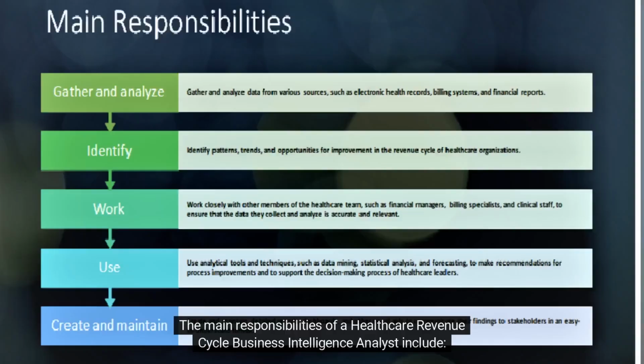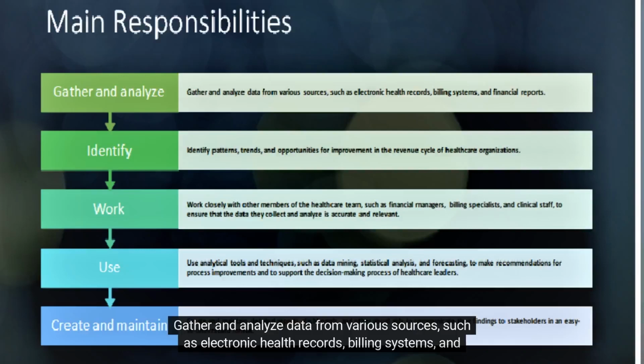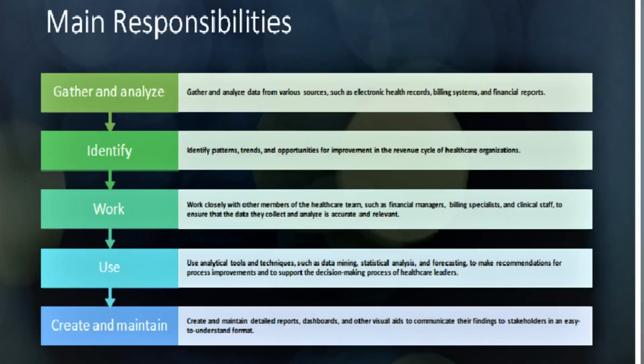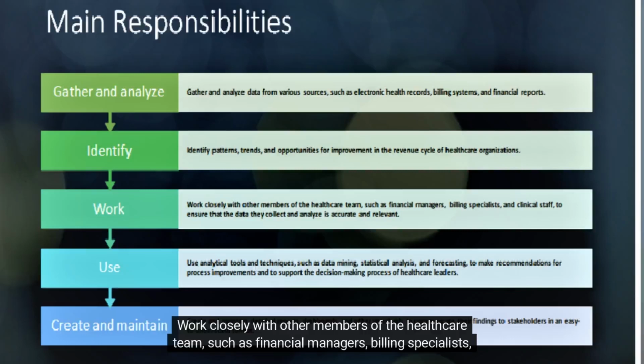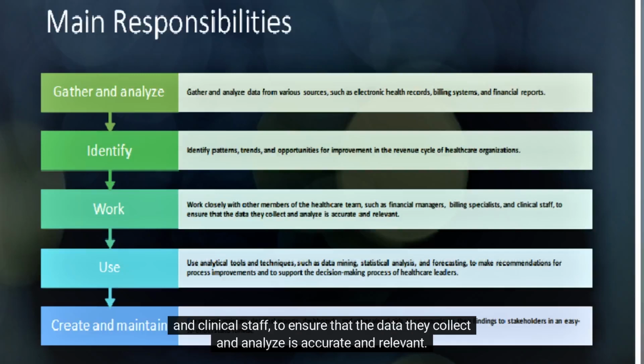The main responsibilities of a healthcare revenue cycle business intelligence analyst include: gather and analyze data from various sources, such as electronic health records, billing systems, and financial reports. Identify patterns, trends, and opportunities for improvement in the revenue cycle of healthcare organizations. Work closely with other members of the healthcare team, such as financial managers, billing specialists, and clinical staff, to ensure that the data they collect and analyze is accurate and relevant.